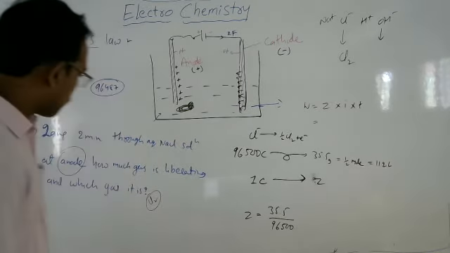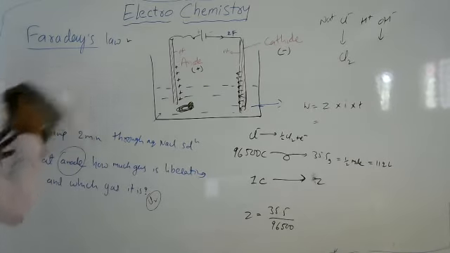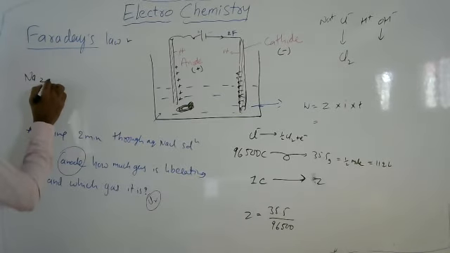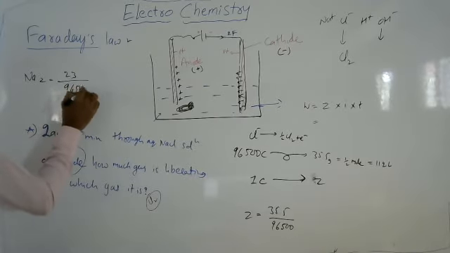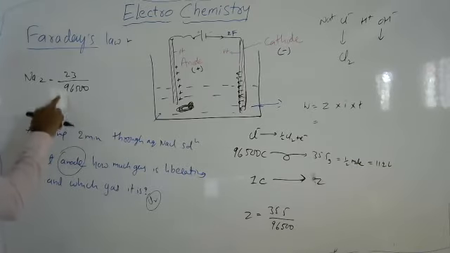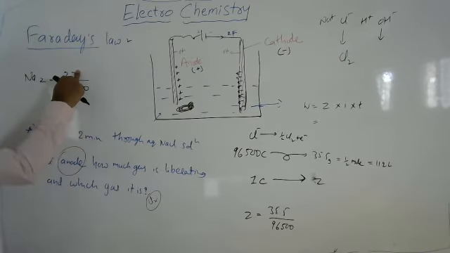Some other examples I will give you here. Suppose sodium is there. For sodium, the Z value is 23 gram upon 96,500 coulomb. If you use 96,500 coulomb, 23 gram will deposit.